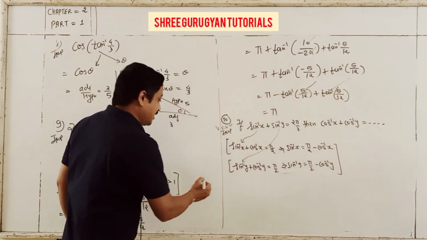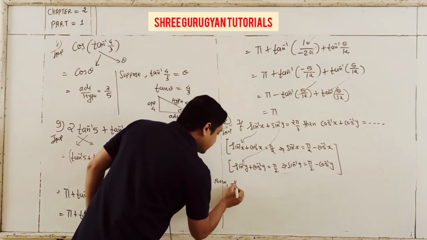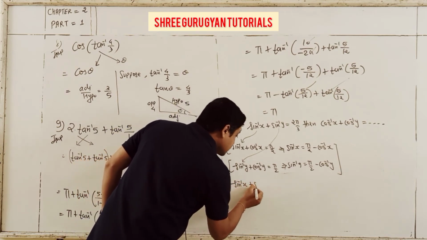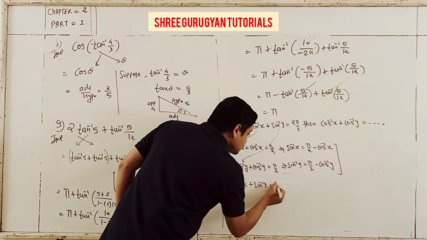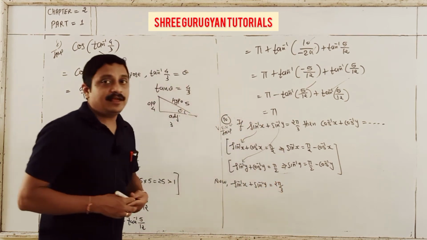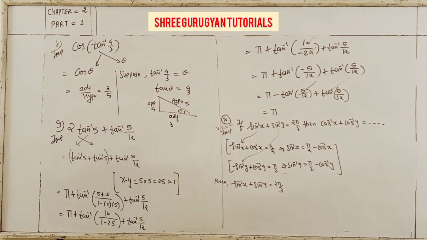Now sin inverse x plus sin inverse y is 2 pi by 3, so put in the values one by one.